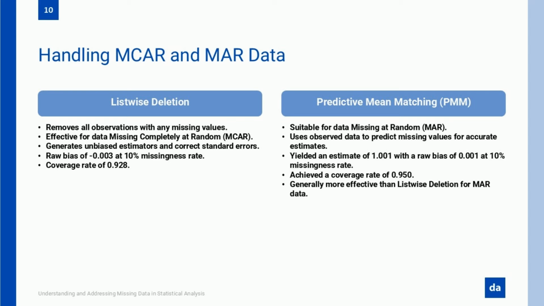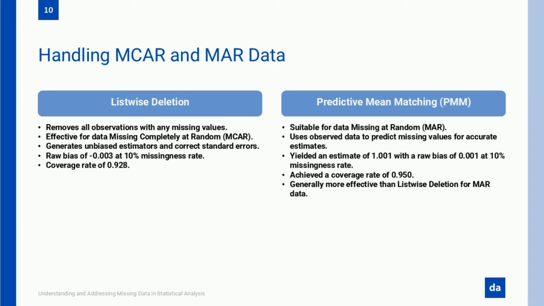Similarly, by deleting incomplete employee reviews, you risk losing information about high-performing employees who just skipped a few questions. Listwise deletion works best when the missing data is MCAR, meaning it's entirely random and not linked to other variables.